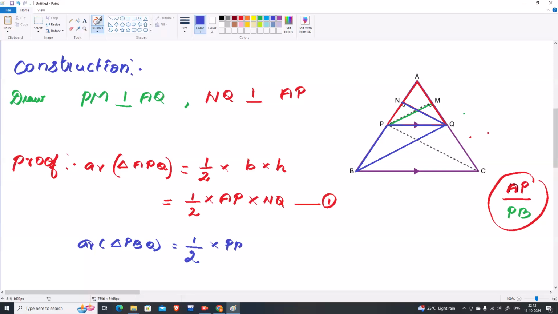According to this figure, the base is PB and the height is NQ. So this is the second equation we have marked.